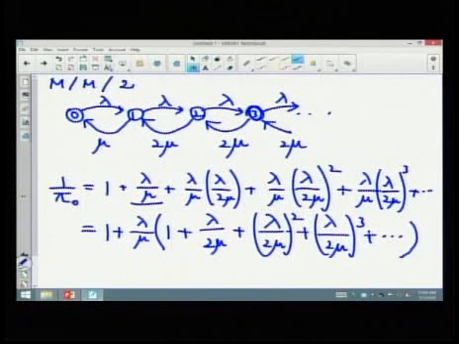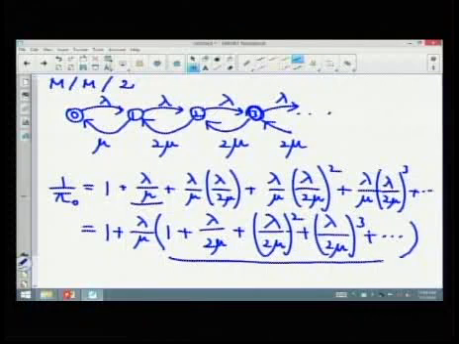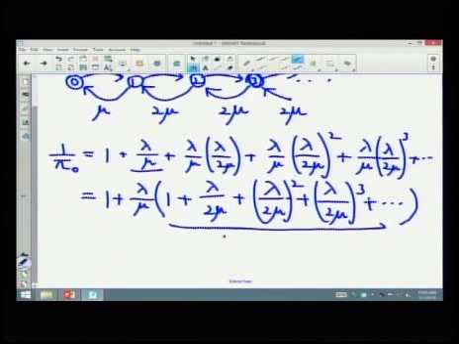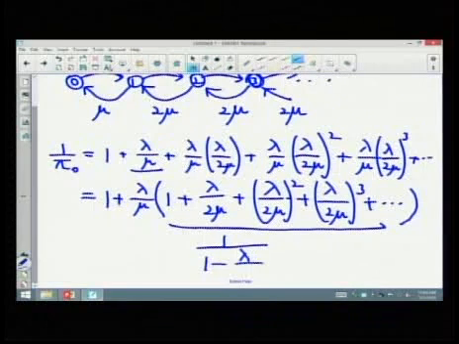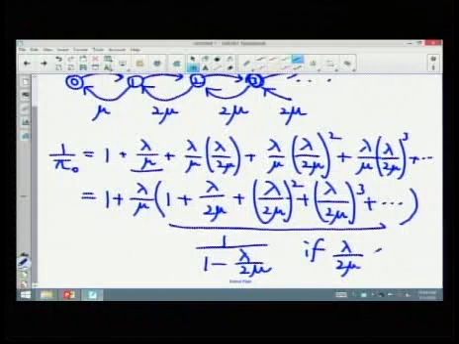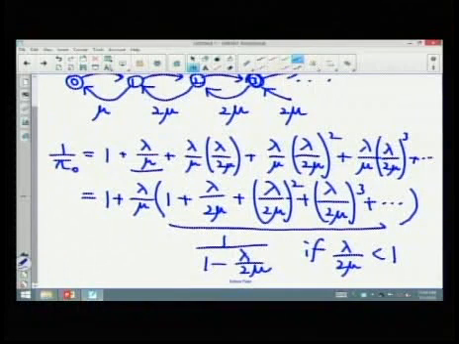Is that correct? So obviously, this is a geometric series, which converges to 1 over 1 minus lambda over 2 mu, of course, if lambda over 2 mu is less than 1.